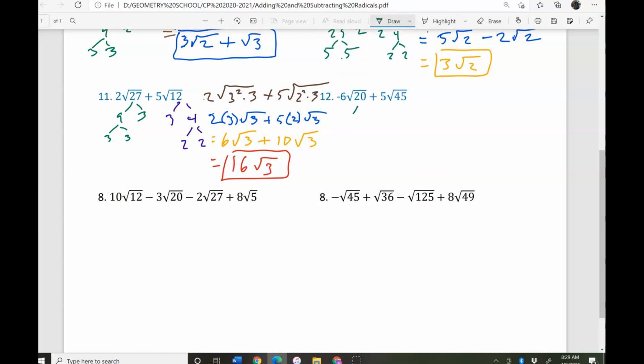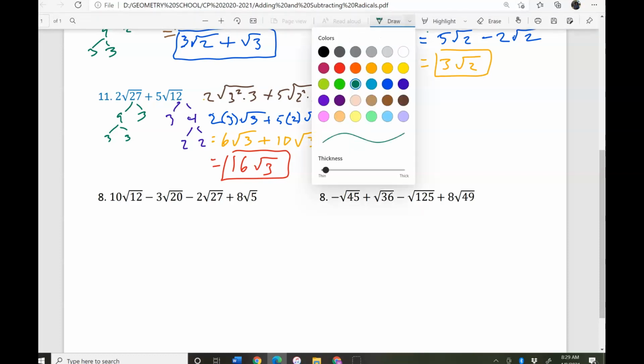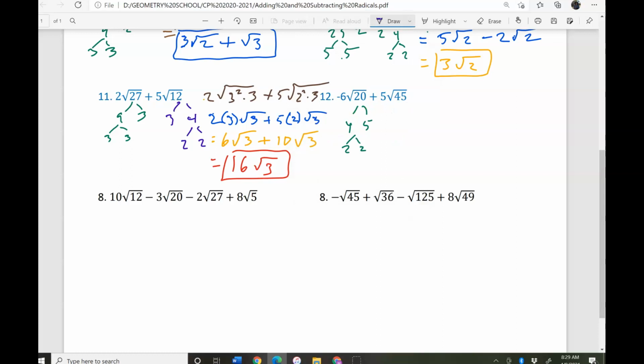Number 12. So I want to do my tree. This is 4 times 5, which is 2 times 2. So this is 5 times 9, which is 3 times 3. So I've done my tree.